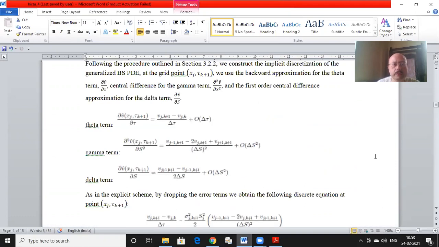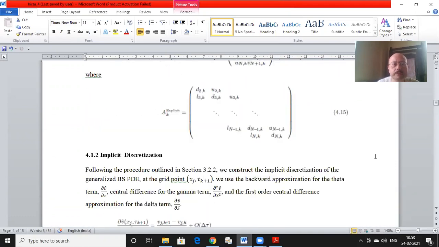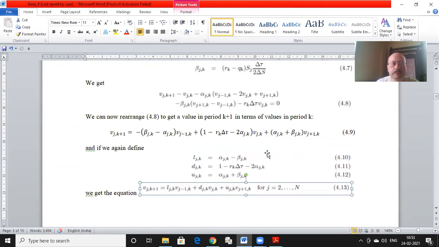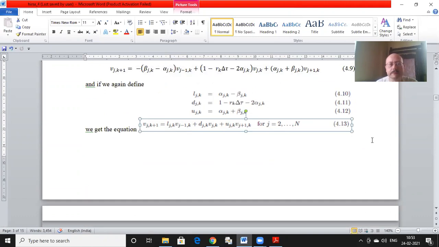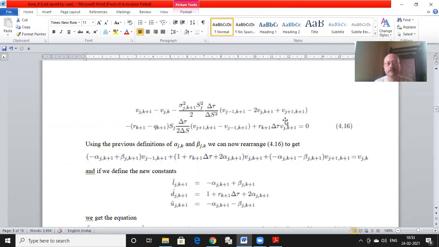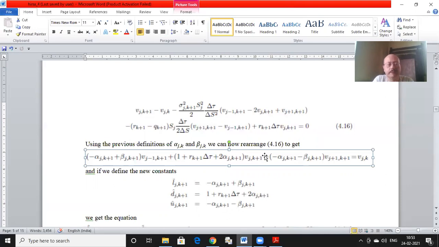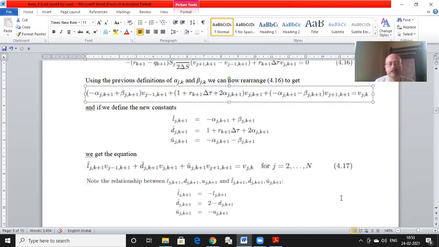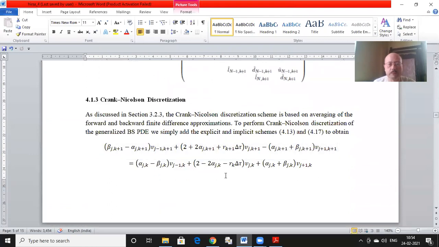So I think it would be easier to look at 4.9 and this equation 416. Because these are in terms of alpha and beta. Because 417, 413 are already in terms of LDU. So that would complicate matters.